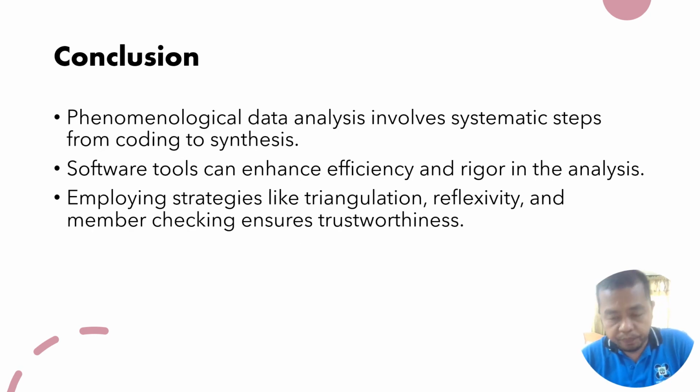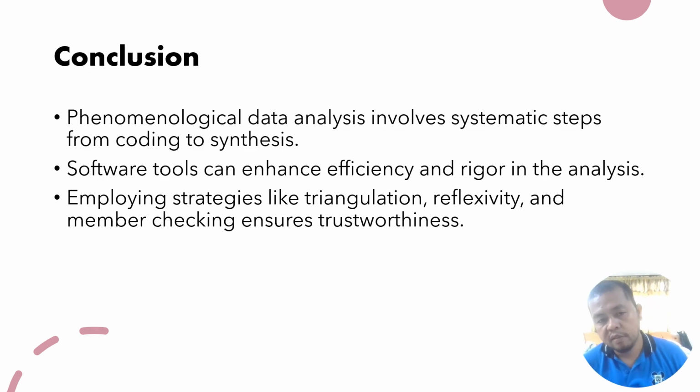Now, to conclude, phenomenological data analysis involves systematic steps, as discussed, from coding to synthesizing. And also, you can use software tools that can enhance efficiency and rigor in the analysis. And of course, you can use both, the traditional and the software tools.